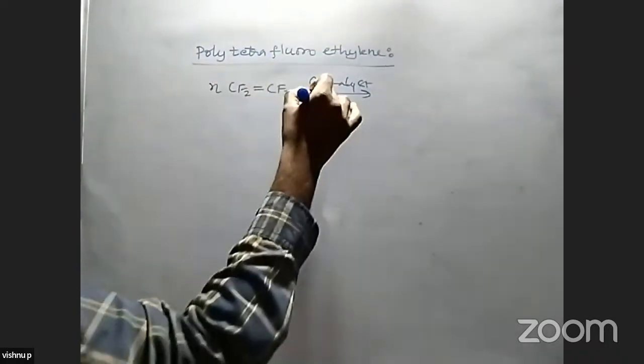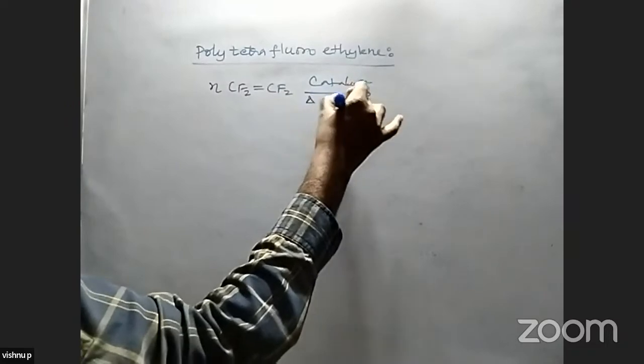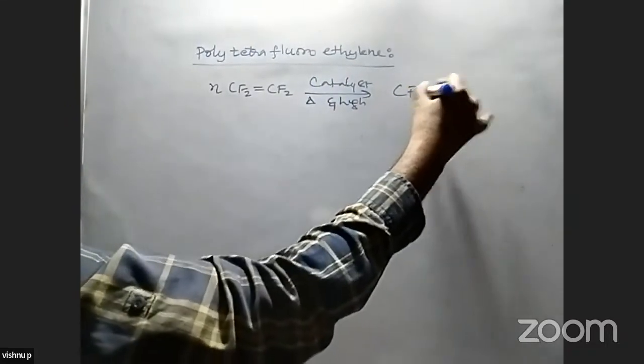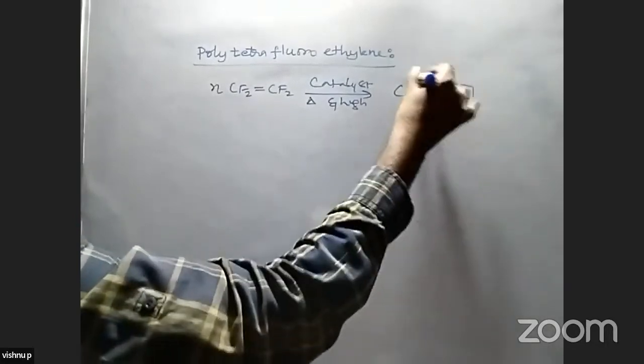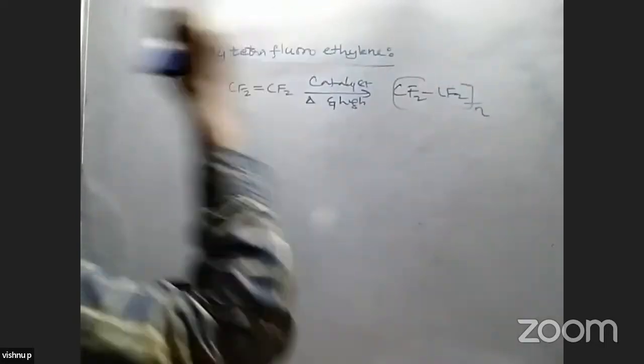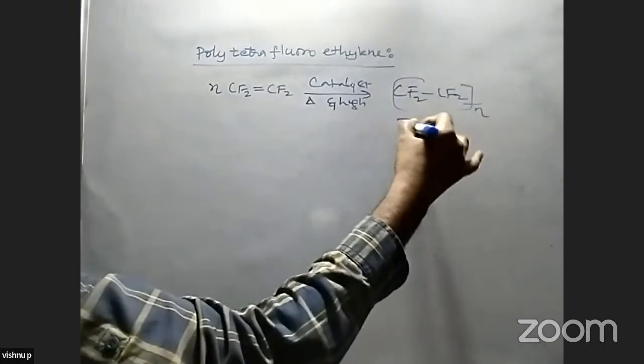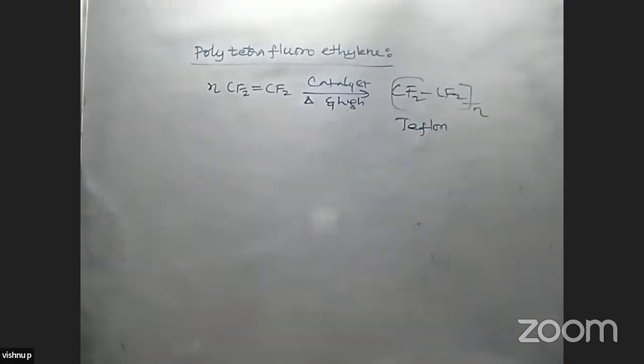Generally, oxygen is used as the catalyst, and high temperature and high pressure conditions are used. So we get this polymer, CF2 with n number of molecules. This is polytetrafluoroethylene. This is also called Teflon.